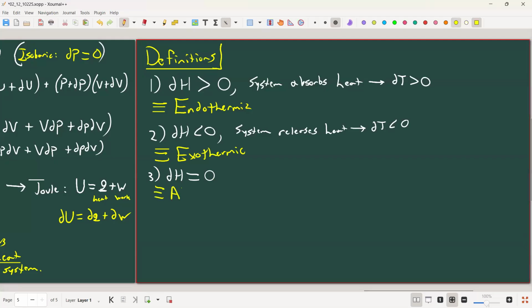This is sometimes called adiabatic, which means heat-free, heat change-free. Adiabatic processes are very interesting. Hopefully we'll have a chance to highlight their unique properties. You do a lot of really cool things with adiabatic processes.